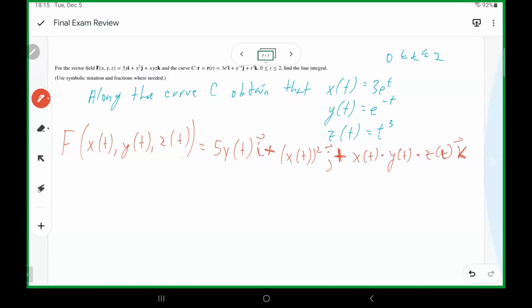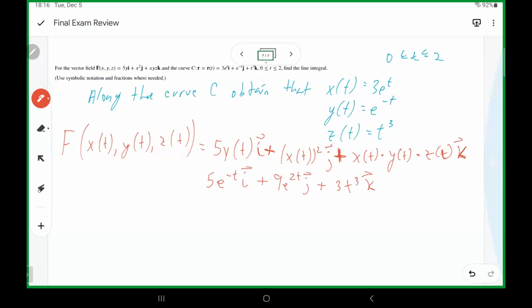So if you fill all that in, you end up with 5e to the negative t i plus 9e to the 2t j plus 3t cubed k.